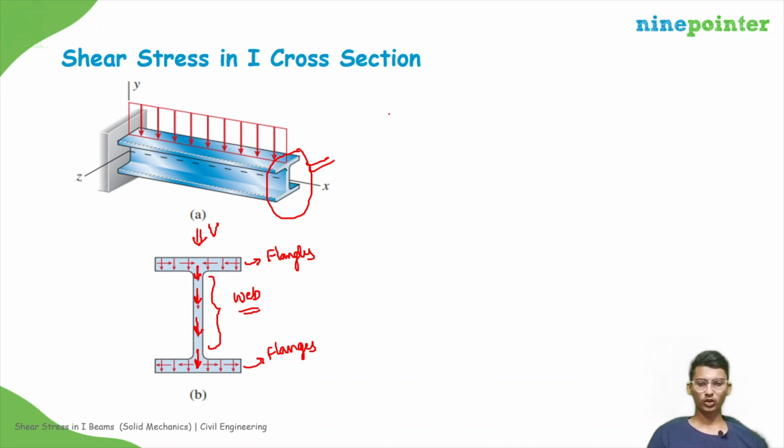So whatever formula tau is equal to VQ by IT, this formula assumes that the shear stress variation across the width is constant, right? Means we will assume the same vertical shear stress across the width. But if the width is more, the actual shear stress variation will not be uniform.